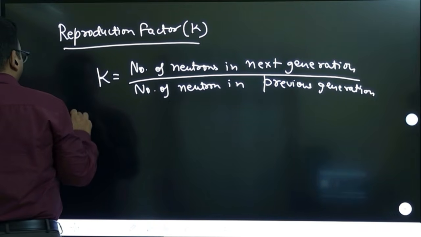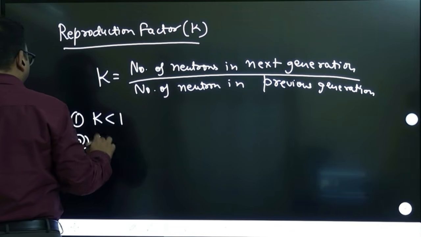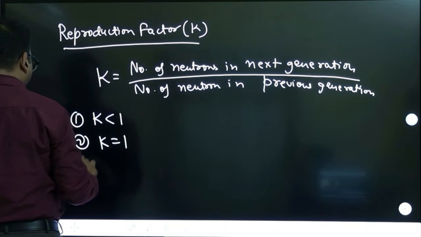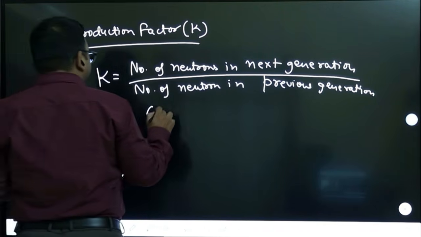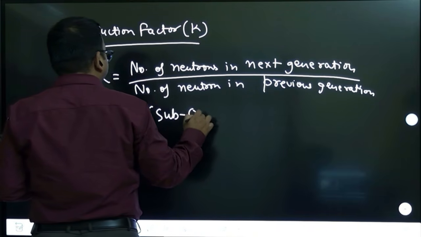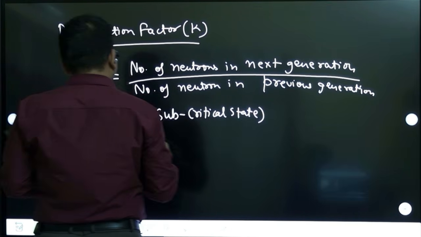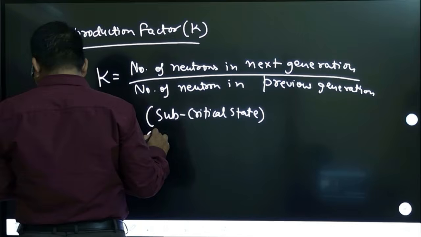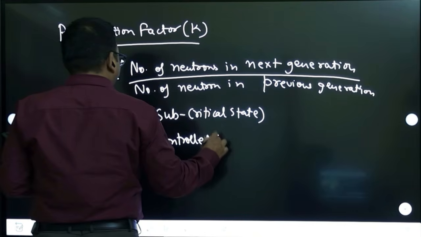So three cases are there: K less than 1, K equal to 1, and K greater than 1. K less than 1 is called the subcritical state. K equal to 1 is called the controlled state.